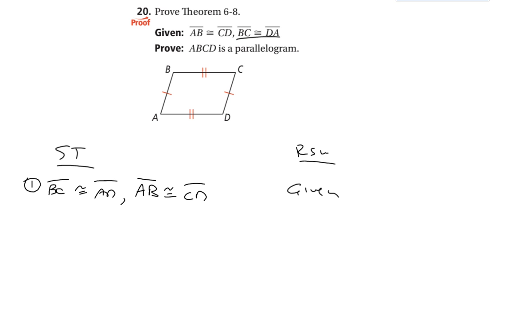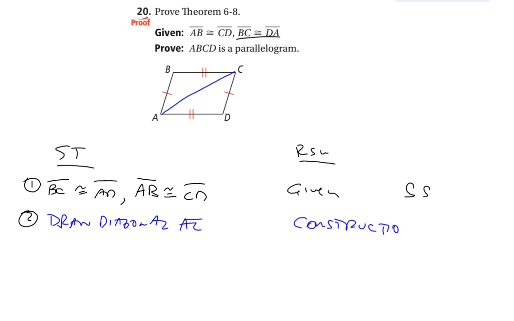That's really nice because now I have side and side. Now, second thing I'm going to do is, because there is no diagonal here, I'm going to draw one. So I am going to draw diagonal AC. Reason for that? Construction.